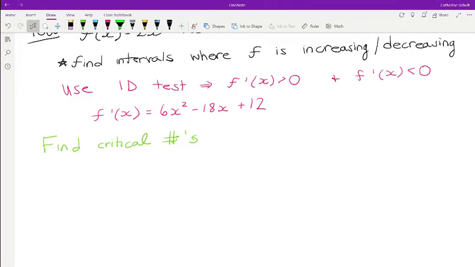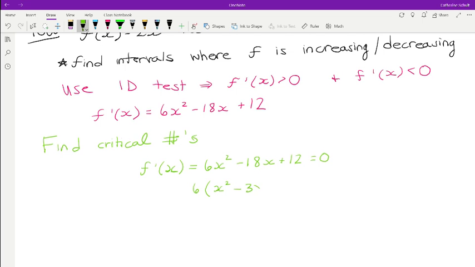All right, so let's set our derivative equal to 0 and figure out where that happens. We're solving a quadratic. One side's already 0, so I think we can factor this. I'm going to take out a factor of 6.